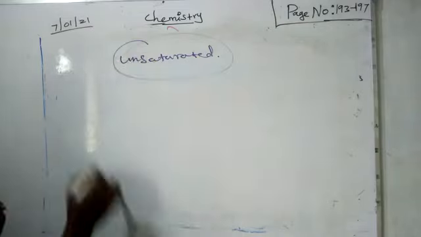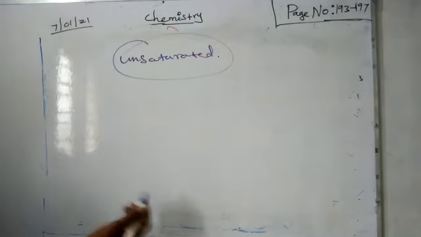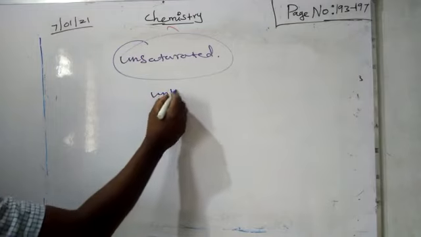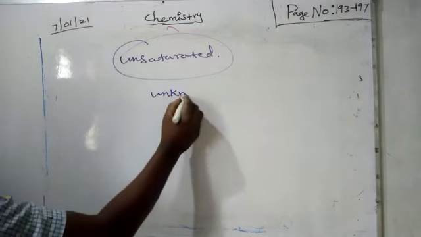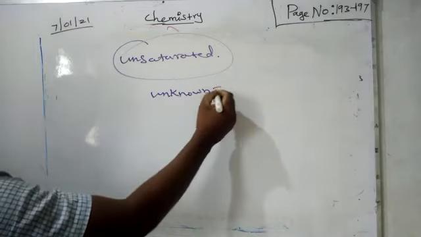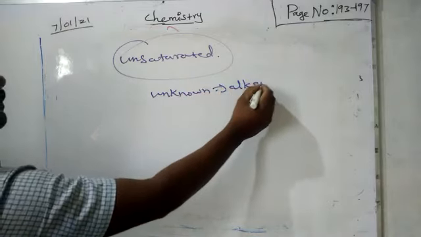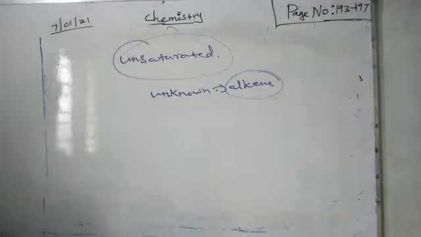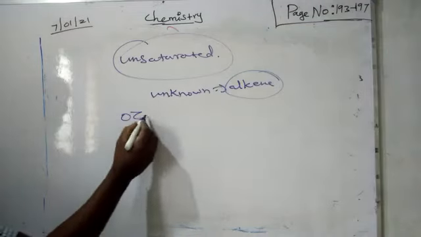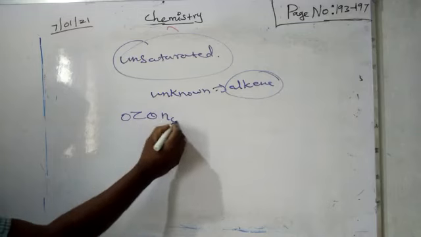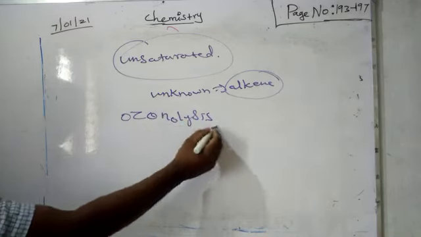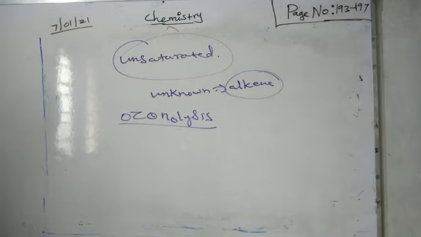So we can find the nature of an unknown alkene by using the ozonolysis process. What do you mean by the ozonolysis process? We are going to treat ozone with a double-bonded compound.